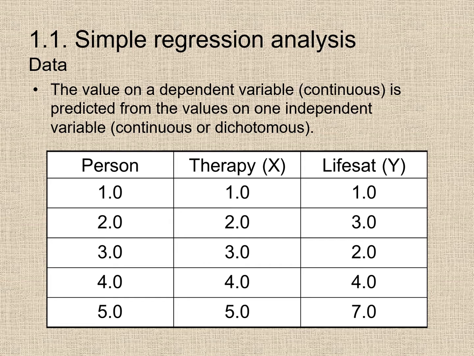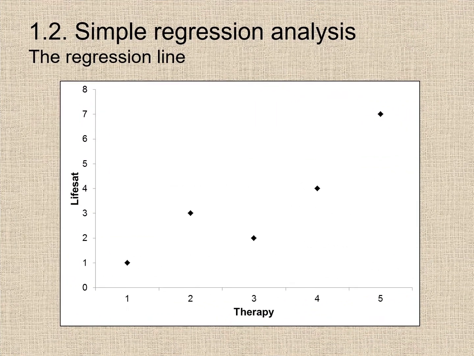And if we plot our data, it looks like this. And then we try to represent this association with a straight line. So far we're talking about linear regression. So we're going to represent our association with a straight line. So I put a line there. And you can do it completely at random.